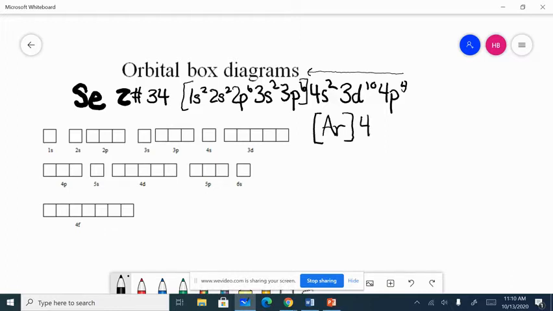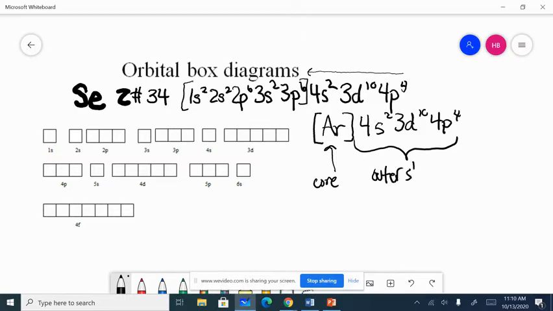And I still need to put the outside electrons. So all of these are my outer shell electrons. This inside here, this is my core. All of these are my outer shell electrons. And then for my valence electrons, if you remember, you find the highest principal energy level.